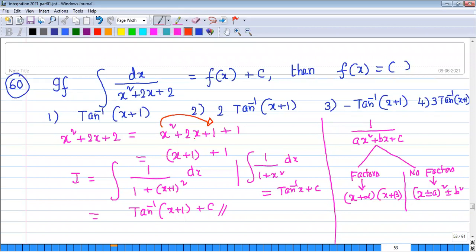This x square plus 2x plus 2, I have written as x plus 1 whole square plus 1 using this formula. We are asked f of x, so f of x equals tan inverse of x plus 1.